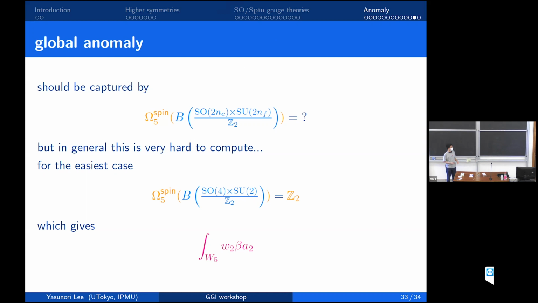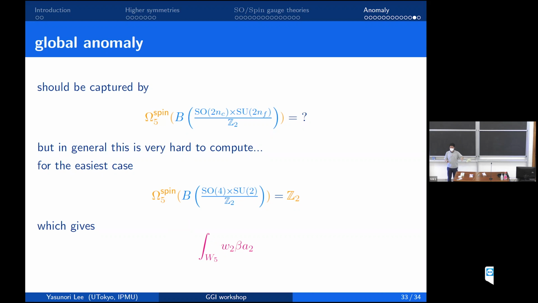Okay, then let me change the, I mean, if you compute that Bordism group, then there might be various types of anomalies, but at least for this easiest case, it turns out that this group is Z2, meaning that there's only one type of anomaly, and it turns out that the form is this, which is the mixed 't Hooft anomaly between zero-form and one-form symmetries.